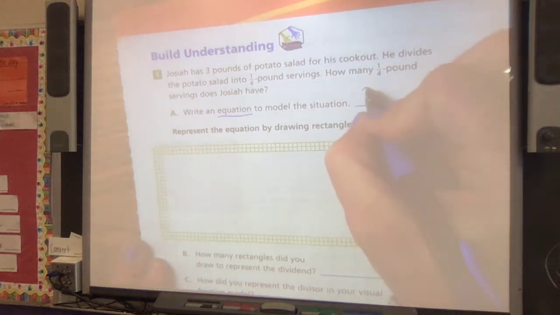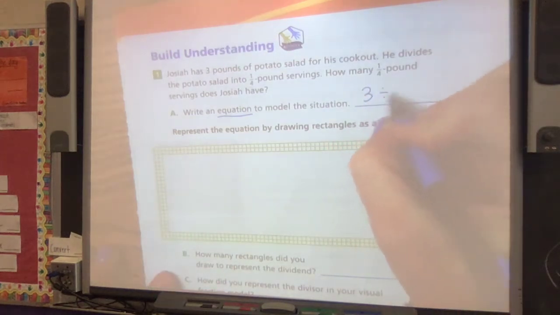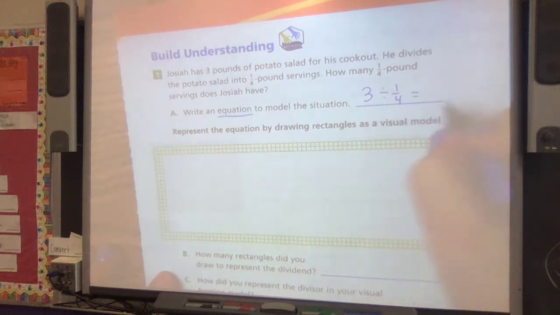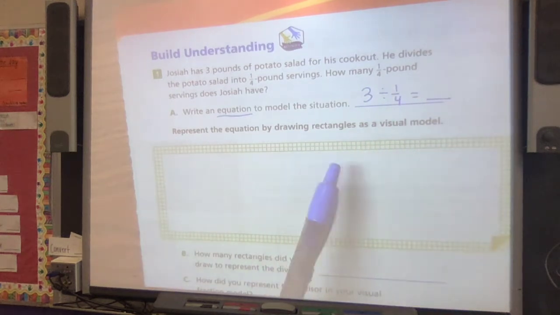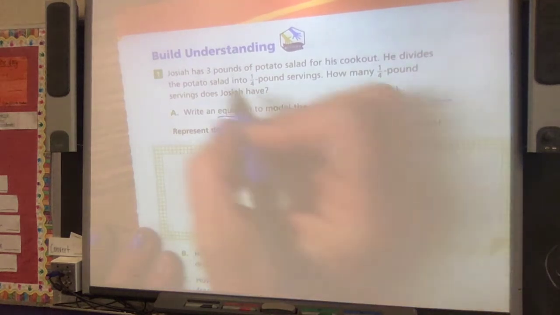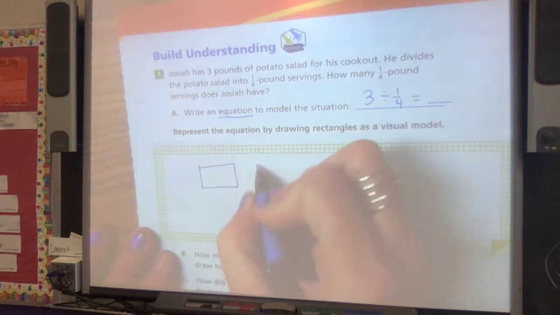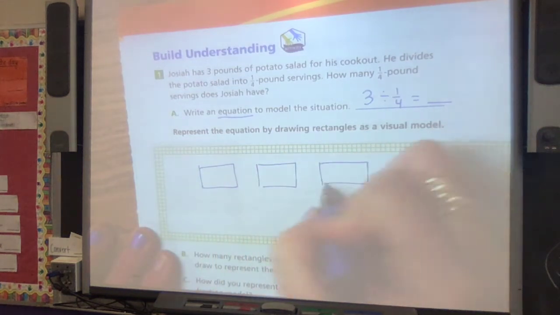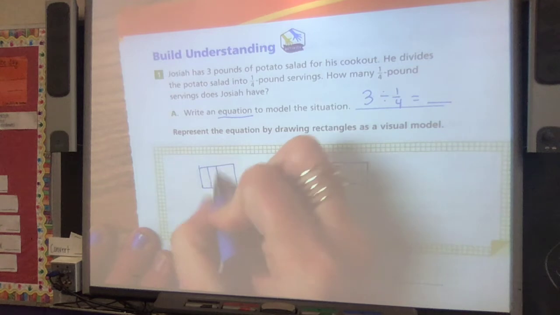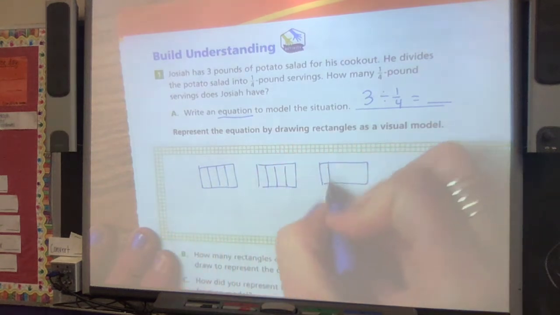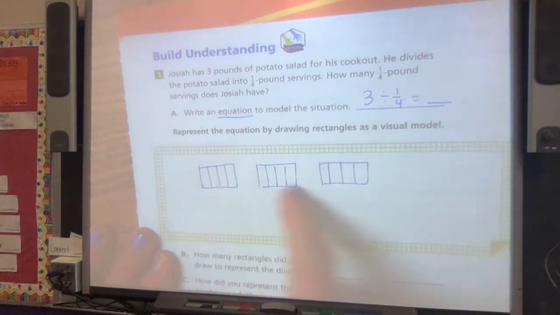So we're taking our 3 pounds of potato salad, we're dividing it into fourths, and I want to know what that is. We can use a visual model to help us. So again, what are you starting with? What is being divided? You have 3 pounds of potato salad, and you're putting them all in fourths. So I have all of these things.